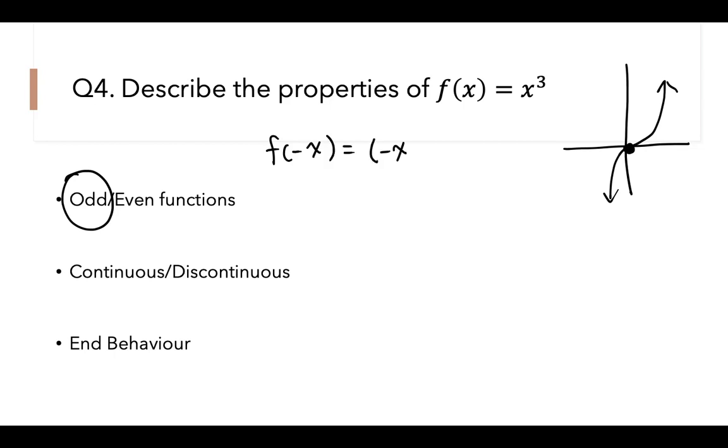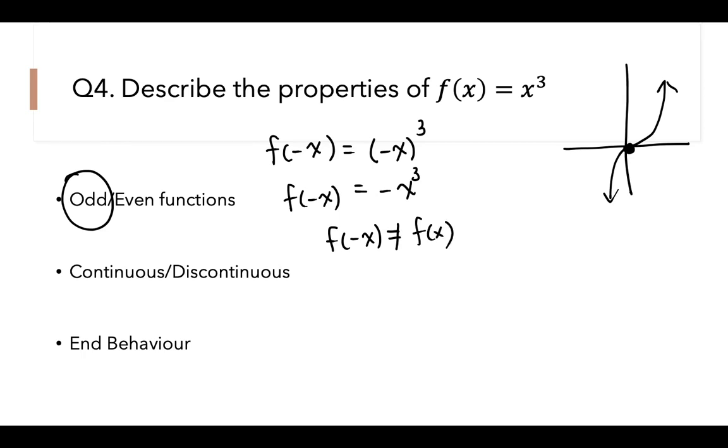So negative x cubed is negative x cubed. So as you can see, f of negative x does not equal f of x.